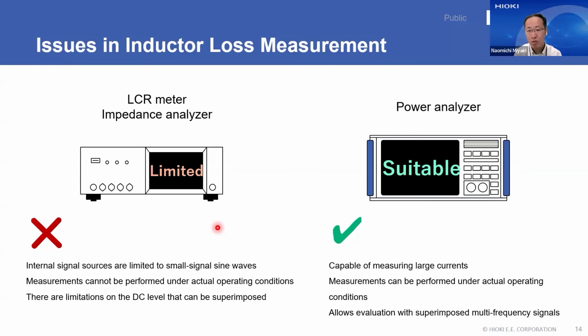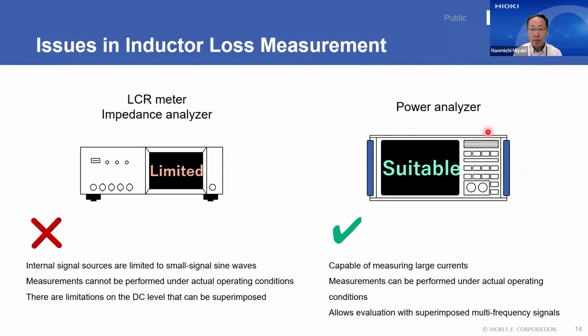This not only leads to inaccurate measurements, but in some cases may even damage the instrument. Therefore, while LCR meters are well suited for evaluating the static characteristics of individual components such as inductance and Q factor, they are not ideal for simulating actual operating conditions or analyzing losses during high power operation.